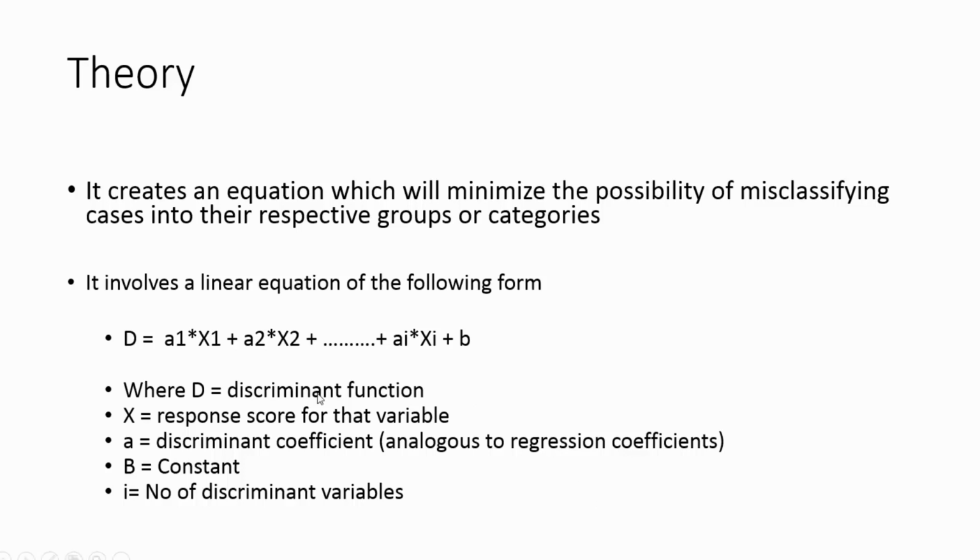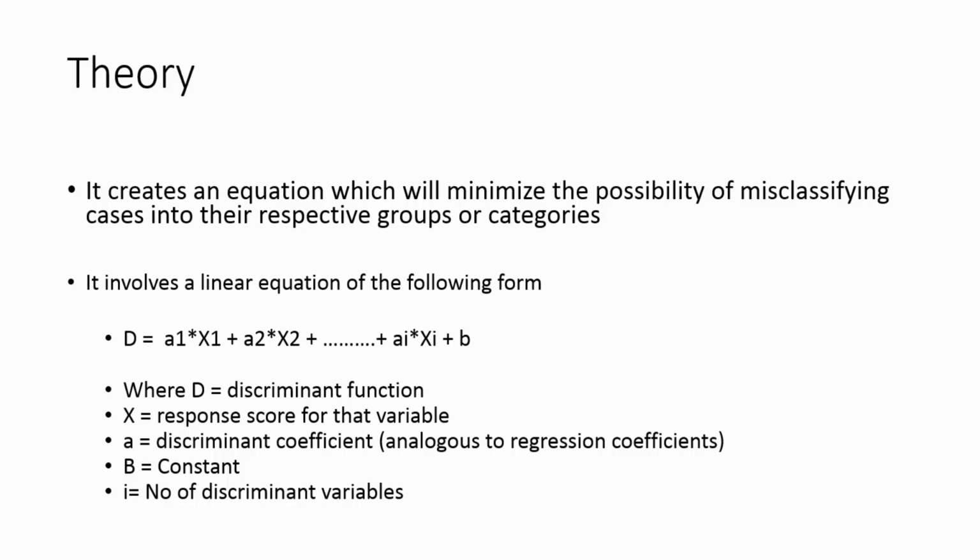Mathematically, it involves a linear equation. You can see on the screen there is a discriminant function d, which is a linear combination of your variables, variables response score, and there is a set of weights a1 to ai. You have I number of discriminant variables, so there are I plus one number of estimates, pretty much similar to your regression coefficient, but not exactly though, but very analogous to them.